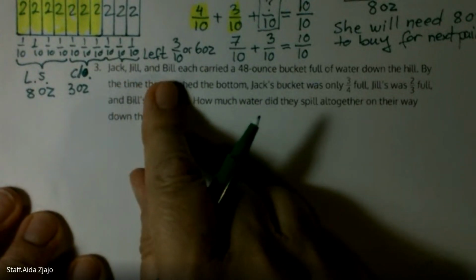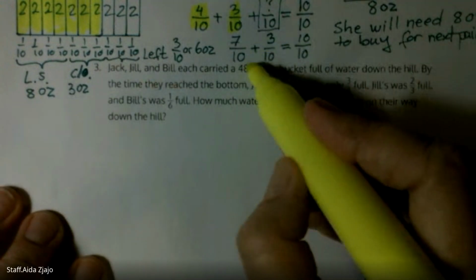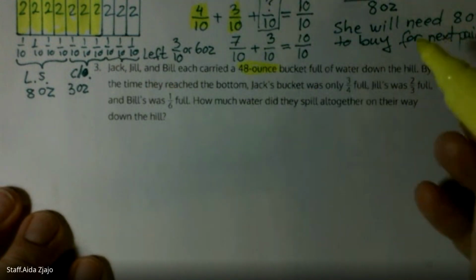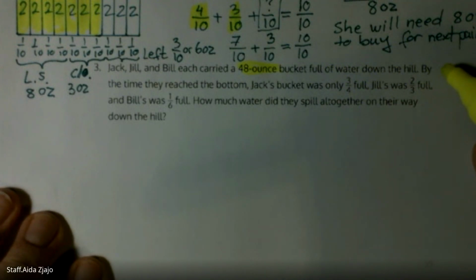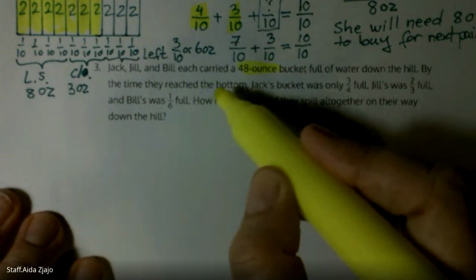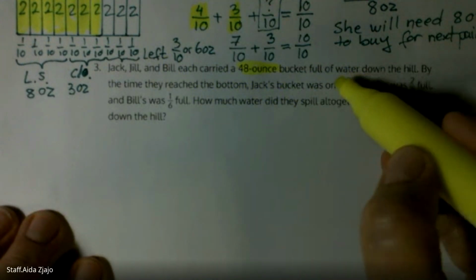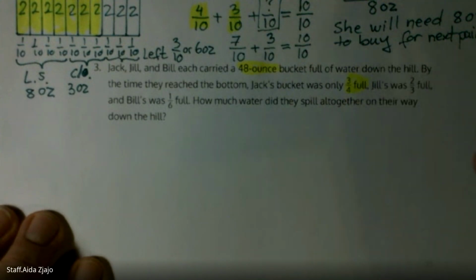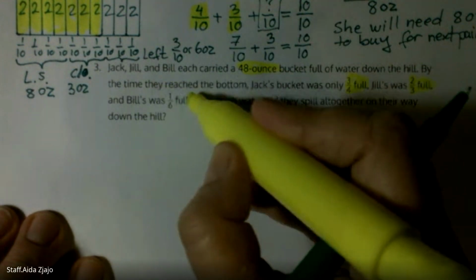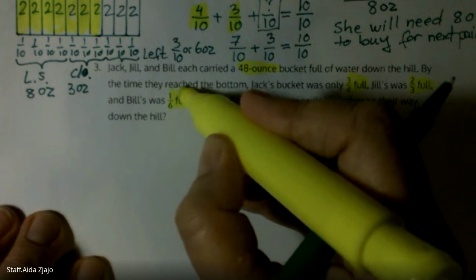Jack, Jill, and Bill each carried a 48 ounce bucket full of water down the hill. By the time they reached the bottom, Jack's bucket was 3/4 full, and Jill's was 2/3 full, and Bill's was 1/6 full.